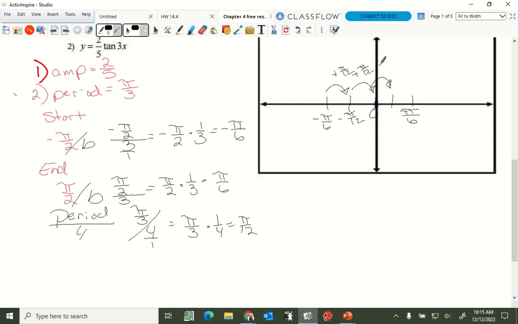Plus pi over 12 is going to give me a positive pi over 12. There we go. So my start and my end are both asymptotes. Those are both asymptotes there.